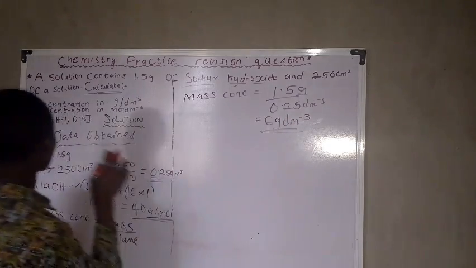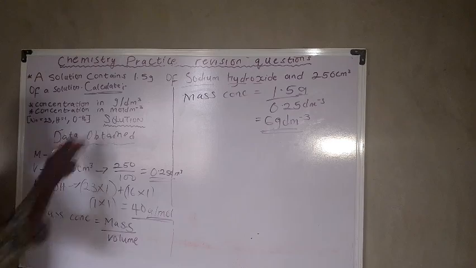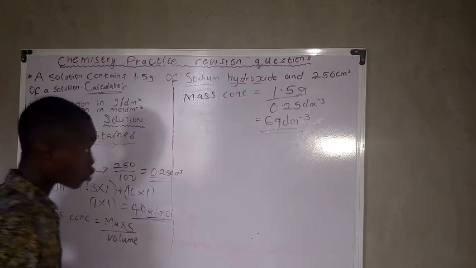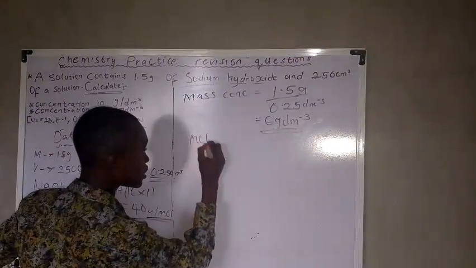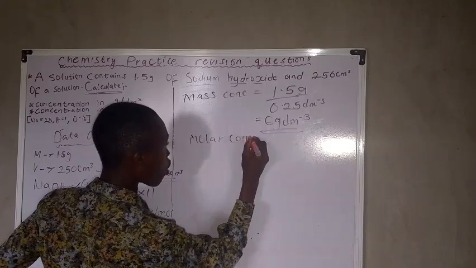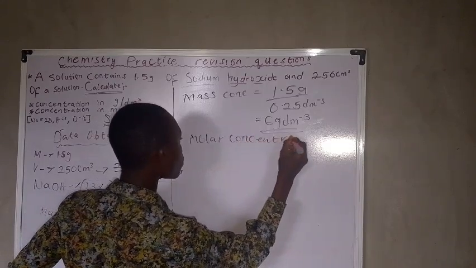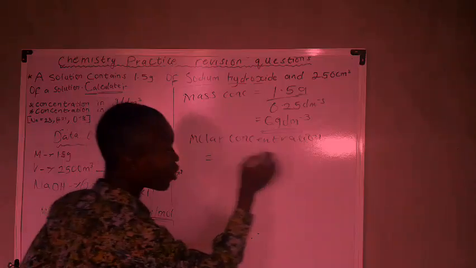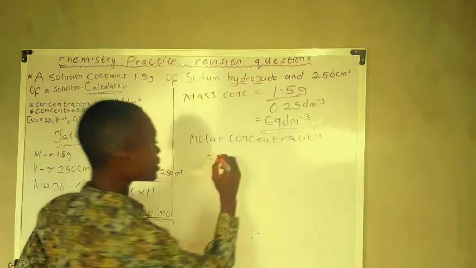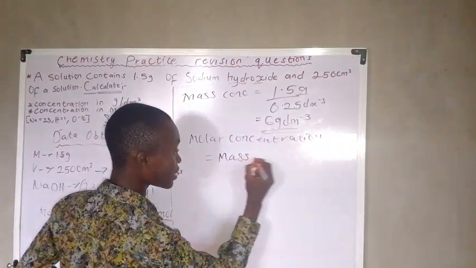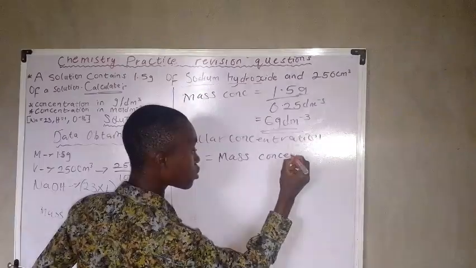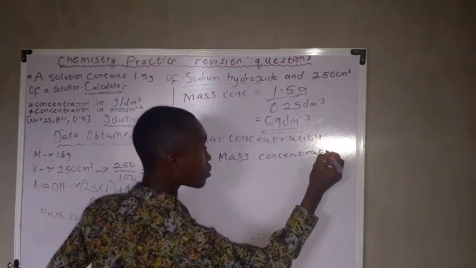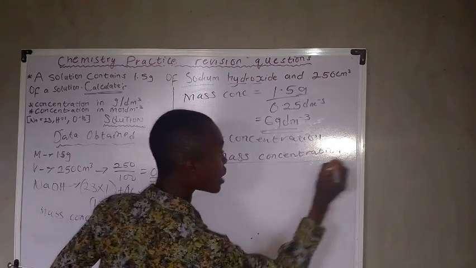Now we have to calculate the concentration in moles per dm cube also. Our molar concentration will be our mass concentration over molar mass.